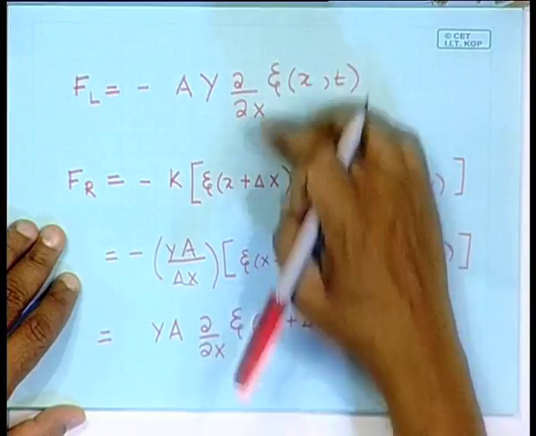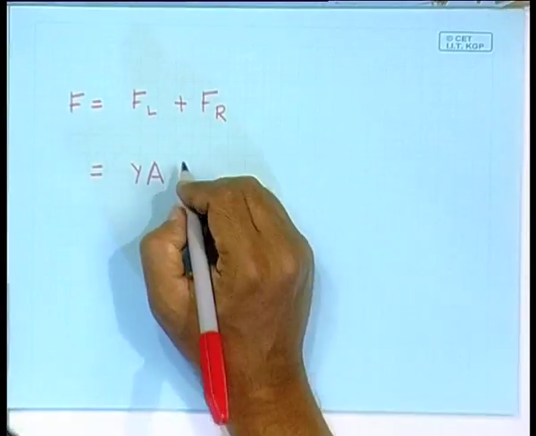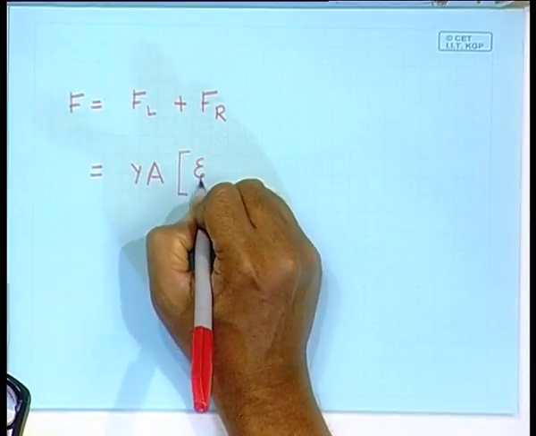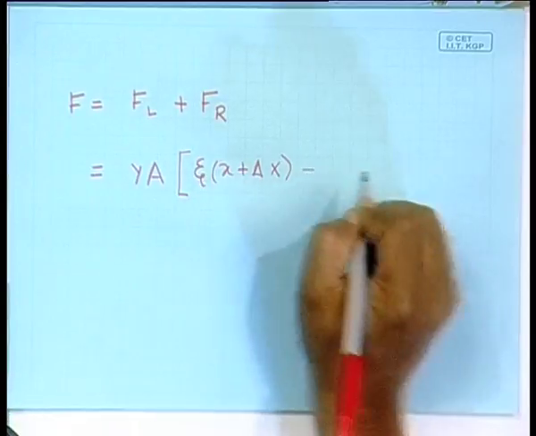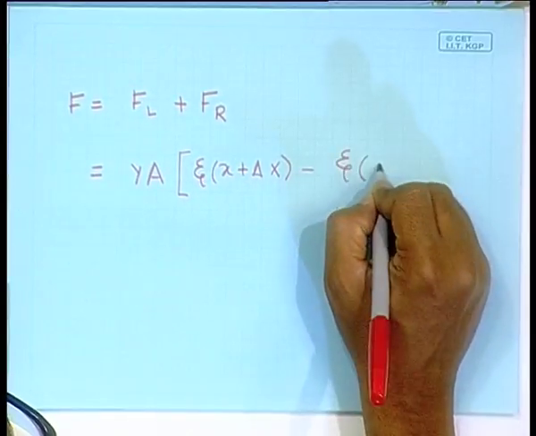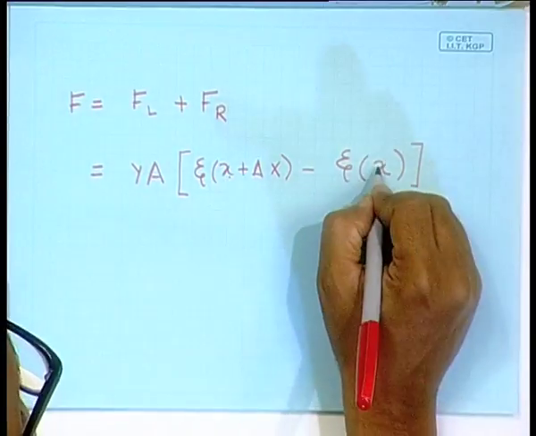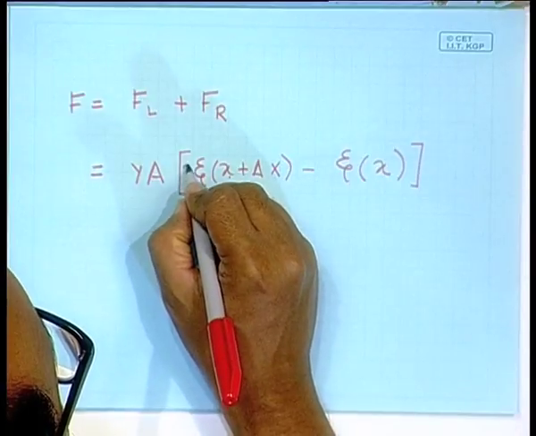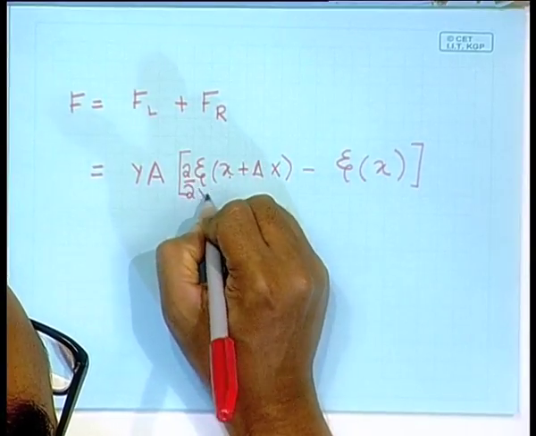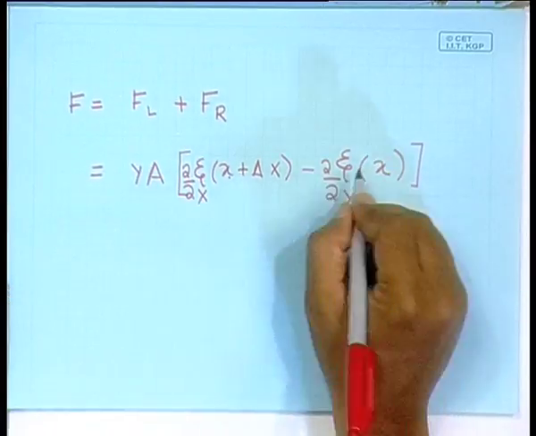We have to add up this and this, and this is equal to y a xi x plus delta x minus xi x. This is the force from the right, this is the force from the left, and there is the derivative of both of these, del del x, del del x.